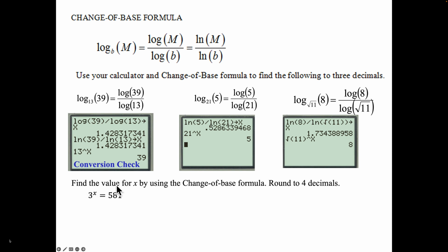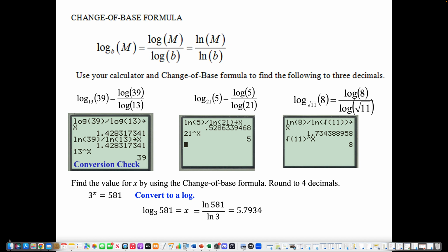So x goes over to the right by itself, 581. You're going to go in with base 3 and the log function. So log base 3 of 581 is equal to x. So the natural log of the argument 581 divided by the natural log of the old base 3. Type it into your calculator, round it to 4 decimal places, you'll get 5.7934.